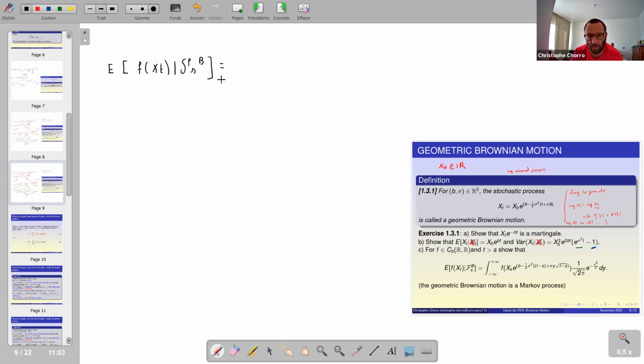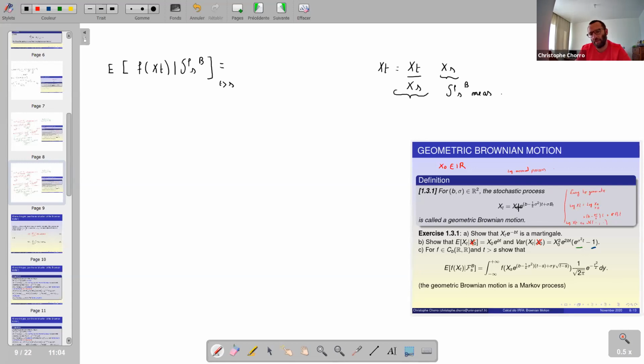So I will write, for t strictly greater than s, Xt as Xt over Xs times Xs. Okay, so Xs here is FsB measurable for sure. What is this one?